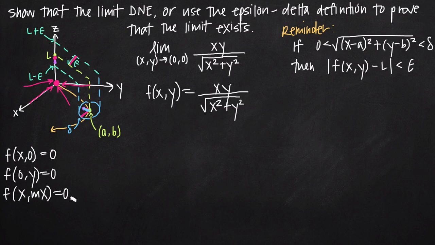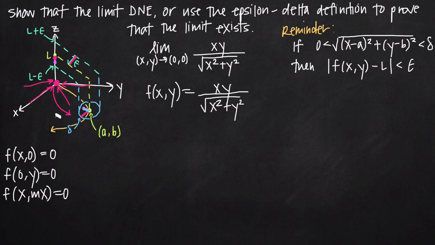The only other two paths along which we usually test before we move to the precise definition of the limit are these parabola paths that pass through the origin. So, for example, this parabola here that comes out of the origin this way, because that's an easy function, that's y equals x squared.